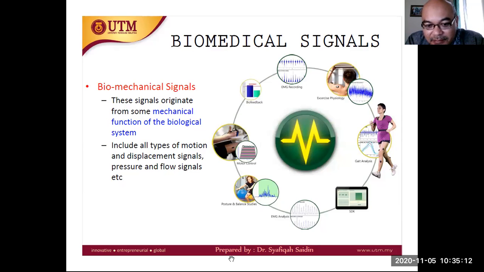Then what else here? EMG analysis, posture and balance study, motor control, like orthosis, like I have mentioned earlier, using an exoskeleton to give also some stimuli to our neuromuscular system. For example, for therapy, for people who have had a stroke.